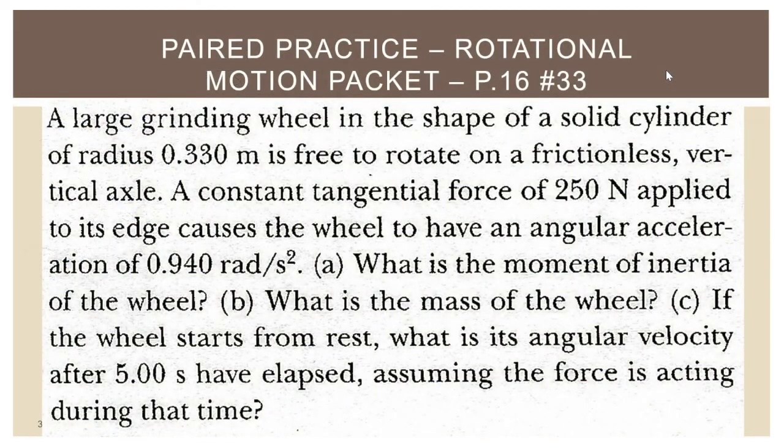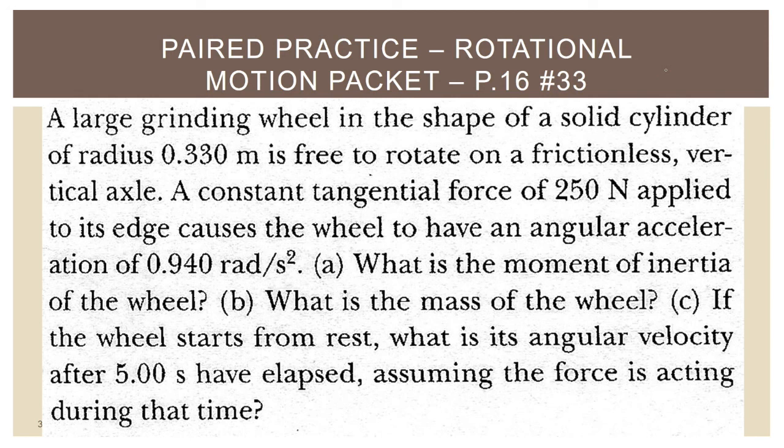Okay, the problem I'd like you to solve for today is page 16, number 33 in the rotational motion packet. It says here a large grinding wheel in the shape of a solid cylinder of radius 0.330 meters is free to rotate on a frictionless vertical axle. A constant tangential force of 250 newtons applied to its edge causes the wheel to have an angular acceleration of 0.940 radians per second squared.